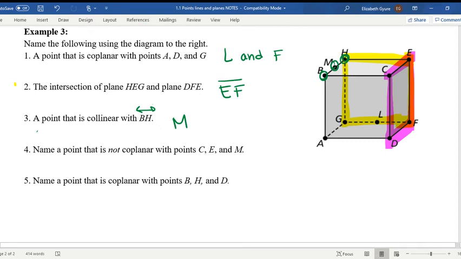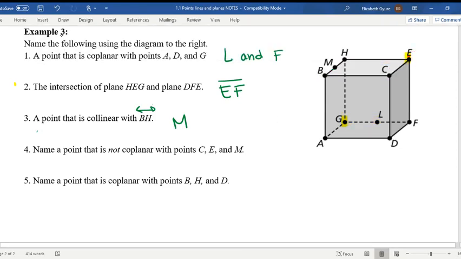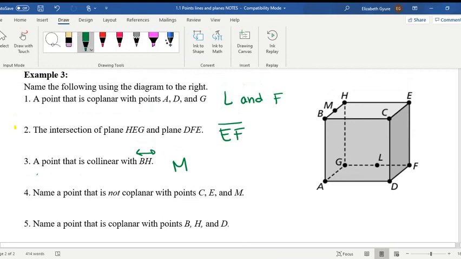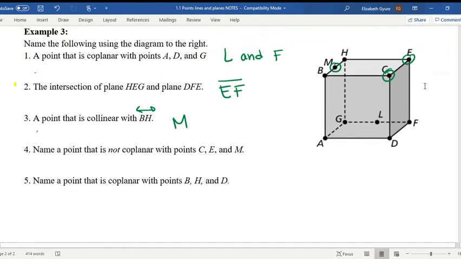Name a point that is not coplanar with C, E, and M. So let me erase some of what I have here. Okay. So a point that is not coplanar with C, E, and M. Okay.